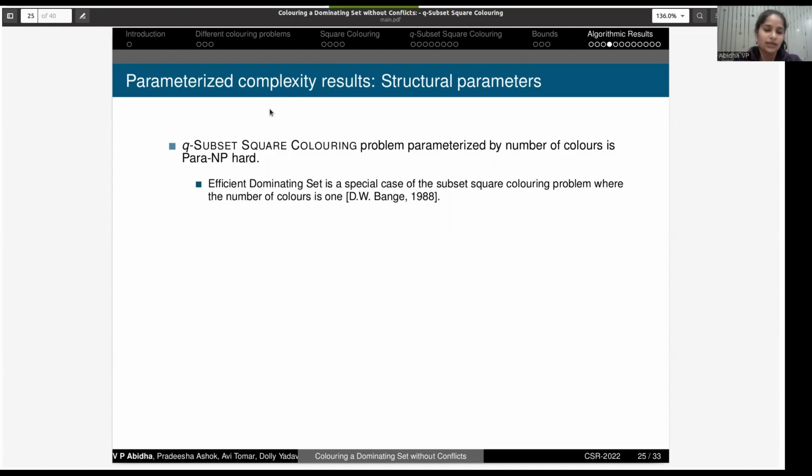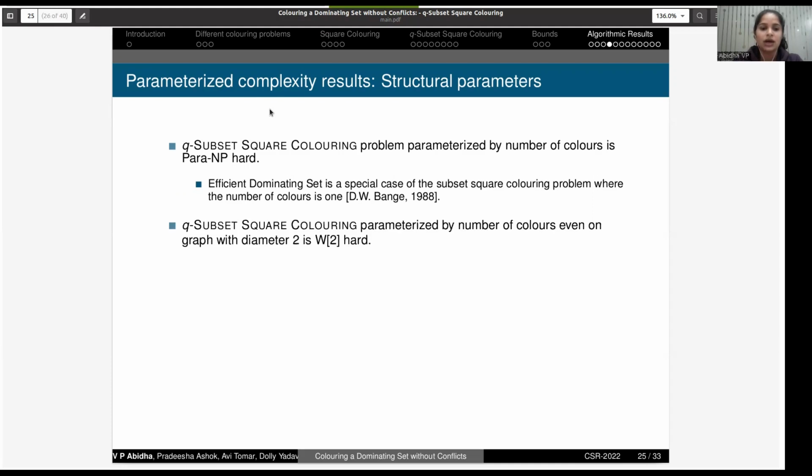The efficient dominating set is a special case of the subset square coloring problem where the number of colors is 1. So we can prove that the Q subset square coloring problem parameterized by the number of colors is para-NP-hard. And the problem remains W-hard even on graphs with diameter 2.